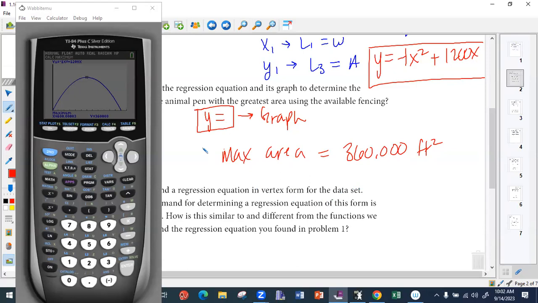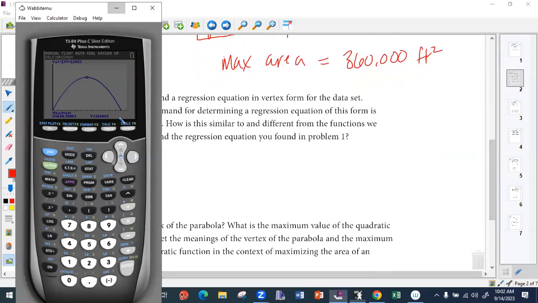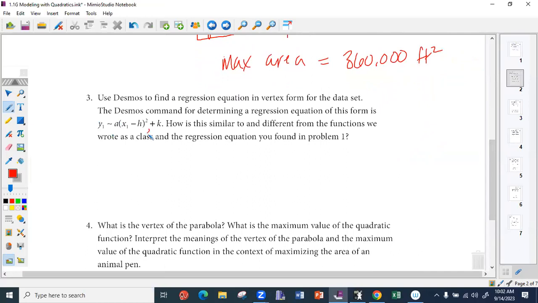Okay, the next part is saying, how can you write your equation in vertex form? Well, we can, because we know our vertex, right? If you took your notes like you were supposed to 2 days ago, you know that your h and k is your vertex. So for this problem, our vertex is at 600, comma, 360,000. Agree?